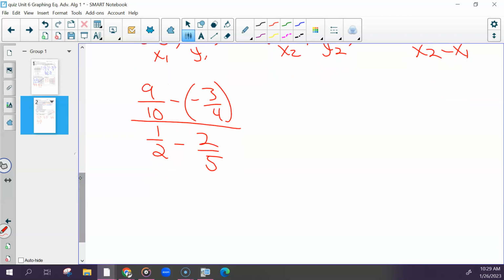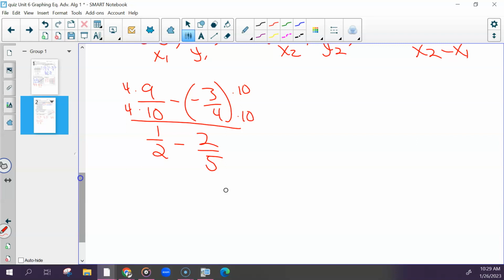So for all of these, we'll need to get common denominators. What would be a common denominator here? 40. Okay. Multiply by 4, multiply by 10. I'm trying to think if there was one less than that, but I don't think there is. Oh yeah, 20.